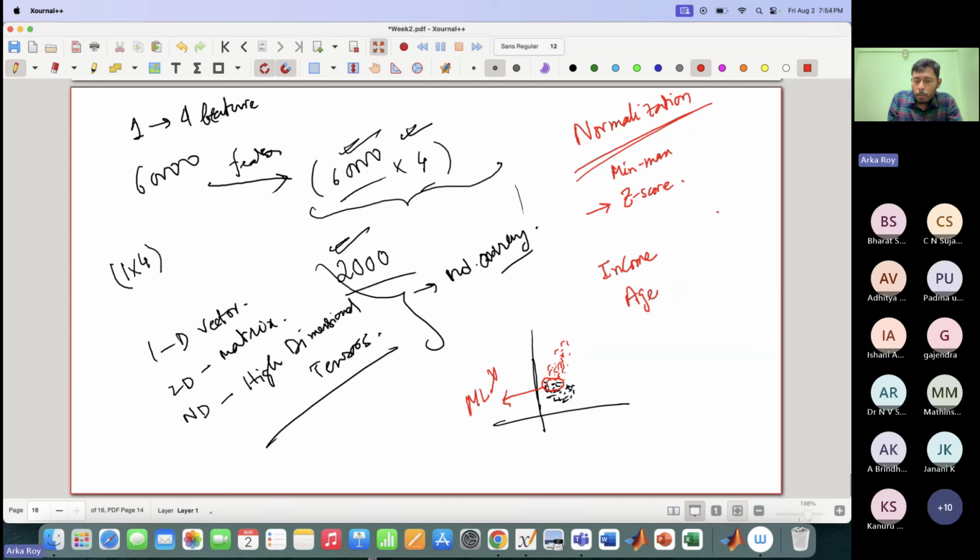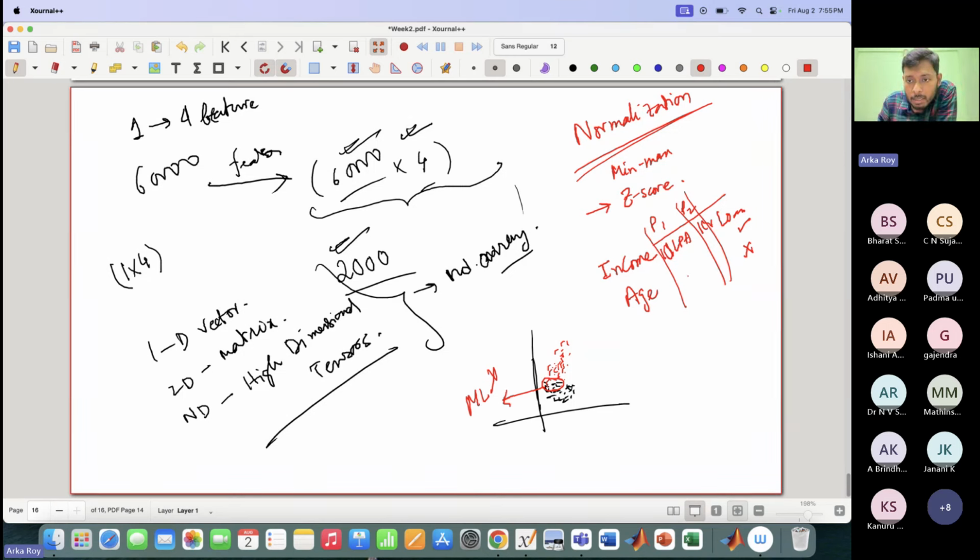And the output would be whether the loan will be provided or not. Let's say person 1 has an income of 1 LPA, person 2 has an income of 1 crore per annum, and person 1 has, let's say, 10 LPA.